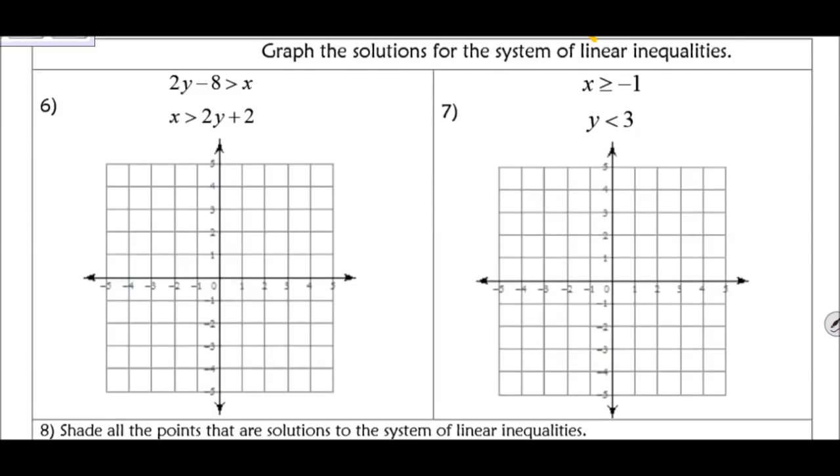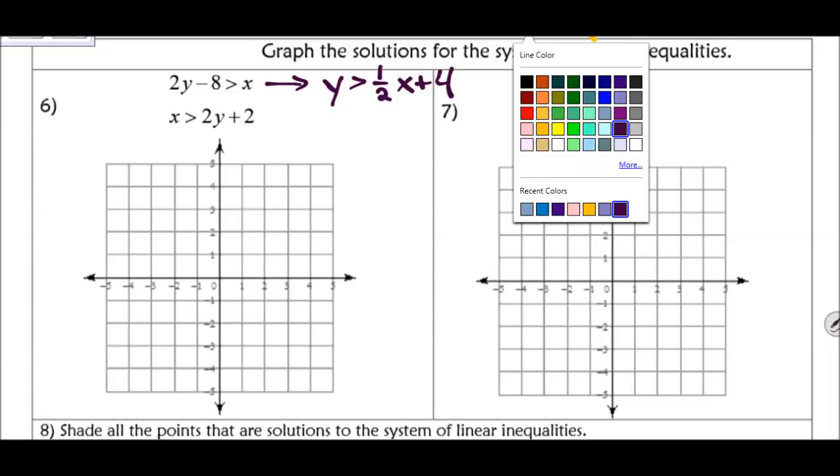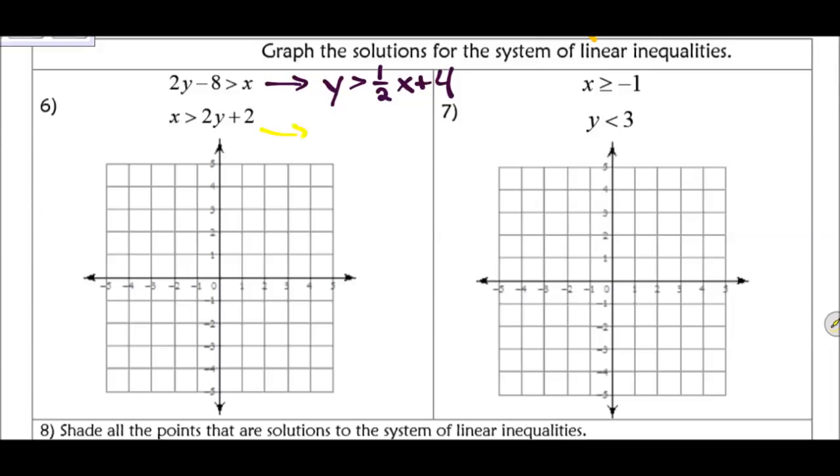Alright, at number 6, I'm going to need to change the first one. Actually, I'm going to need to change both those into slope-intercept form. This will change to y is greater than 1/2 x plus 4. This one is going to change to y is less than, that's going to be just 1/2 x plus 1.